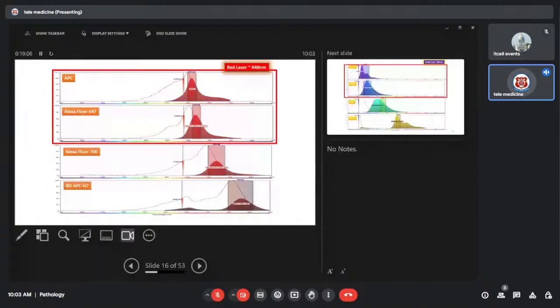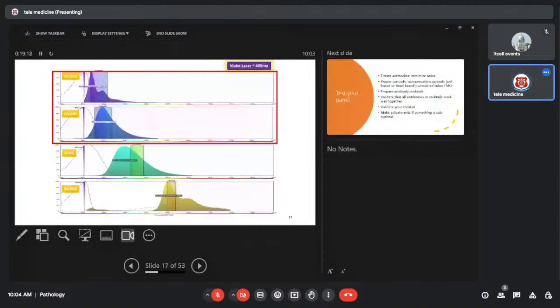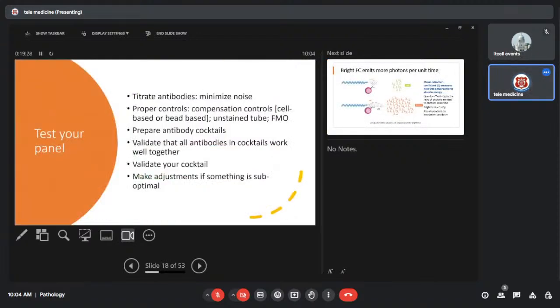This knowledge is important so that you don't end up with a panel where you have APC, where you are expecting to tag two different markers. For the violet laser also, if you look at BV421 and BV450, again the emission overlaps significantly. So these two dyes cannot be used together.